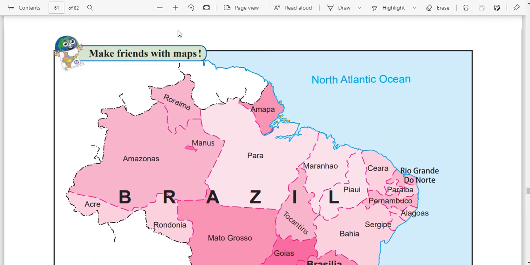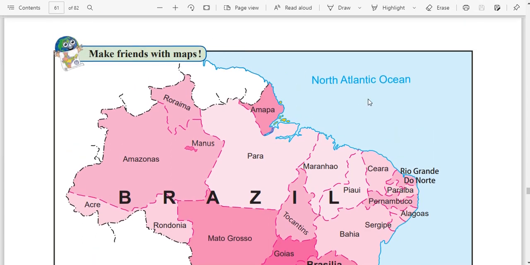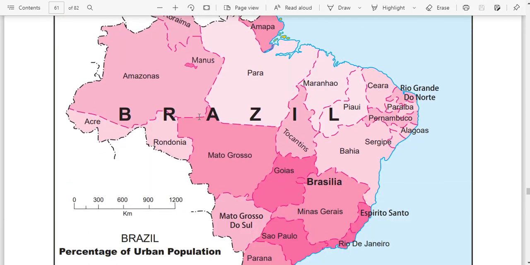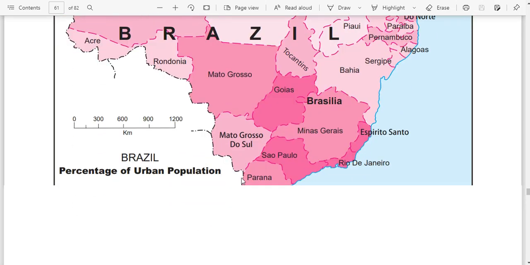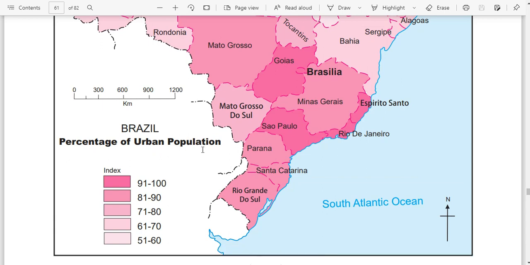Make friends with maps. North Atlantic Ocean, Amazonas, Manaus, Para, percentage of urban population. Light pink is 51 to 60 and dark green is 91 to 100, and in between different shades.